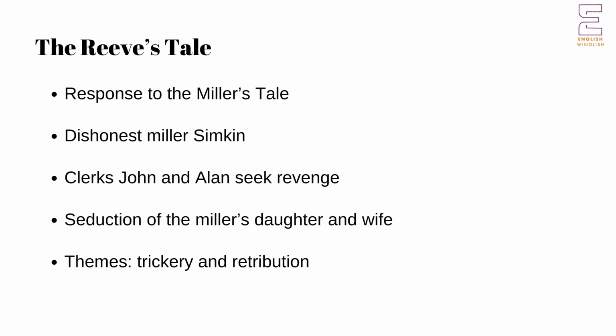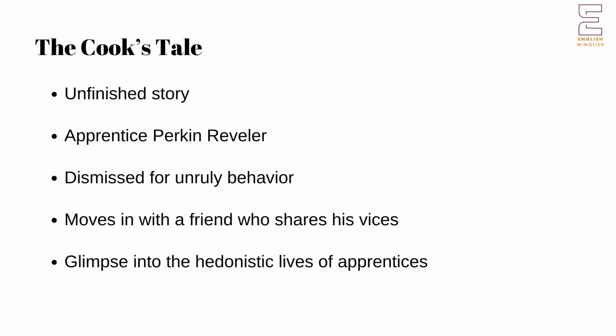In the morning, a fight ensues and the clerks escape with their stolen grain and their dignity intact. The tale is filled with crude humor and emphasizes themes of trickery and retribution, reflecting the Reeve's own cunning and vengeful nature.